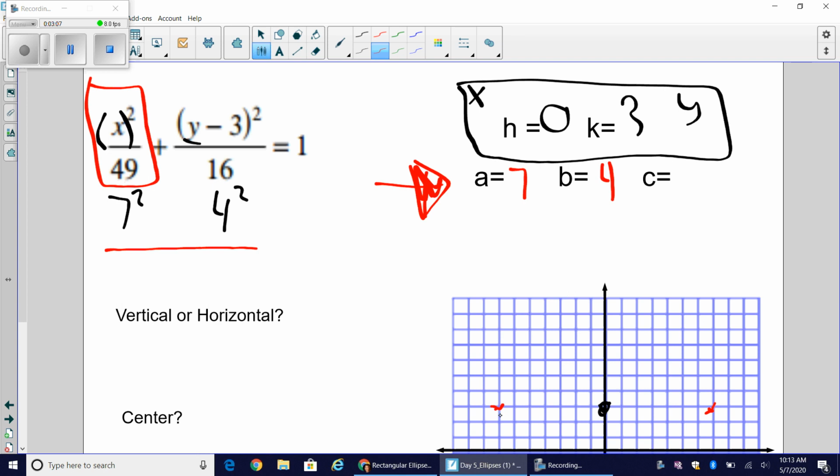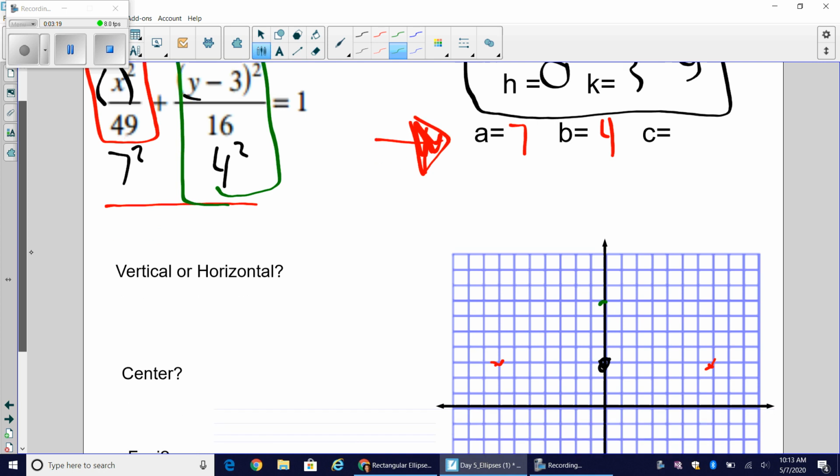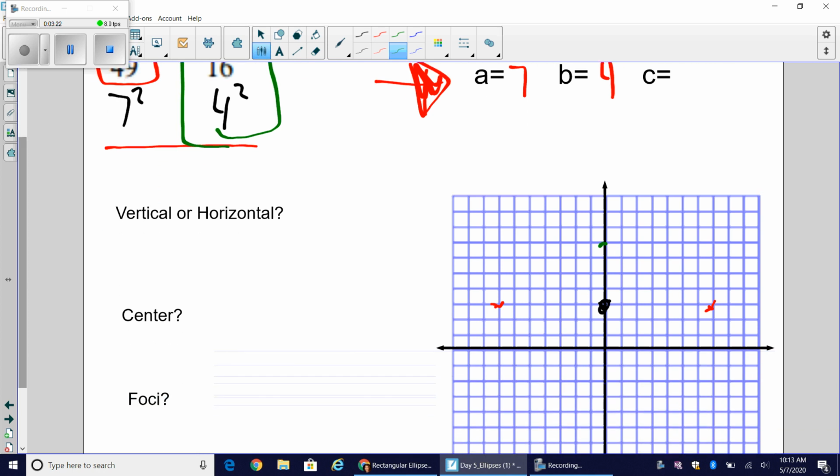The value under my Y variable tells me how to count in the Y direction. So that's a 4 squared. So I'm going to count up 4. And I'm going to count down 4. Now, guys, what I have just created are my vertices and my co-vertices. I can connect these dots and voila, I have an ellipse.